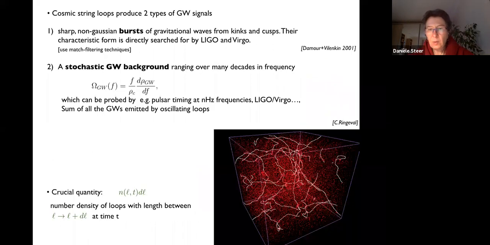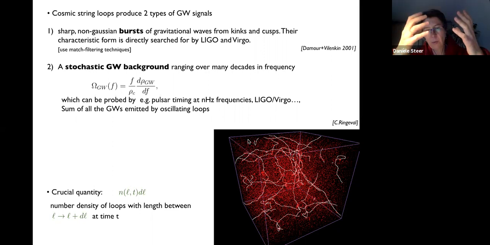But there's another source of gravitational waves, which is the one which interests us here, which is a stochastic background. The stochastic background is produced by these loops, because all these loops also oscillate. They have a periodic motion, so they oscillate in time. And because they oscillate, they emit gravitational waves, and eventually the loops will disappear.